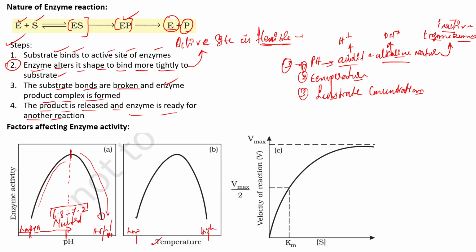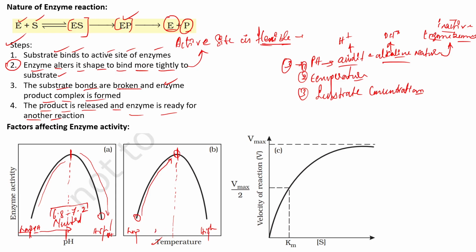At the lowest temperature, enzymes are completely inactive. They are not working. As the temperature increases, the activity of the enzyme increases, and at the peak, the functioning of the enzyme is exactly in between the low and the high.